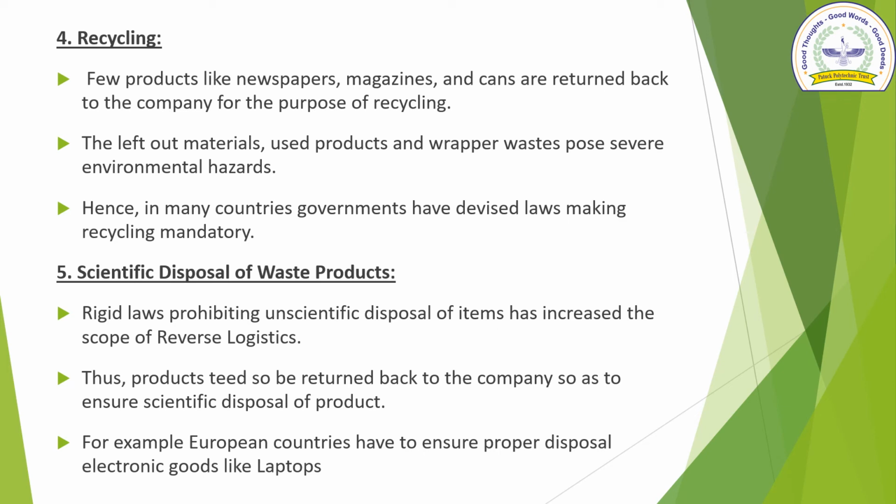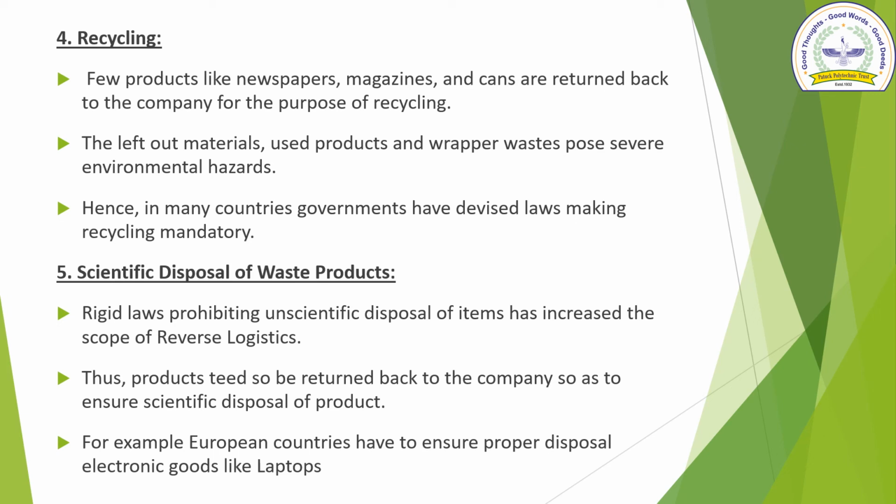Next is scientific disposal of waste products. Some products like chemicals and electronic items have to be disposed of properly. They cannot be disposed of with manual methods. Some scientific methods have to be undertaken to dispose of the electronic items or some heavy chemicals. Rigid laws prohibiting unscientific disposal of items have increased the scope of reverse logistics.